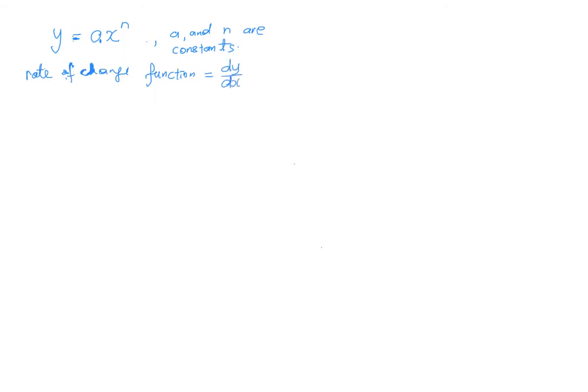So it will be: bring down the power. n can be any value, as long as it's real. Bring down the power, power take away 1. So this is the formula. So I can also write this in this form.